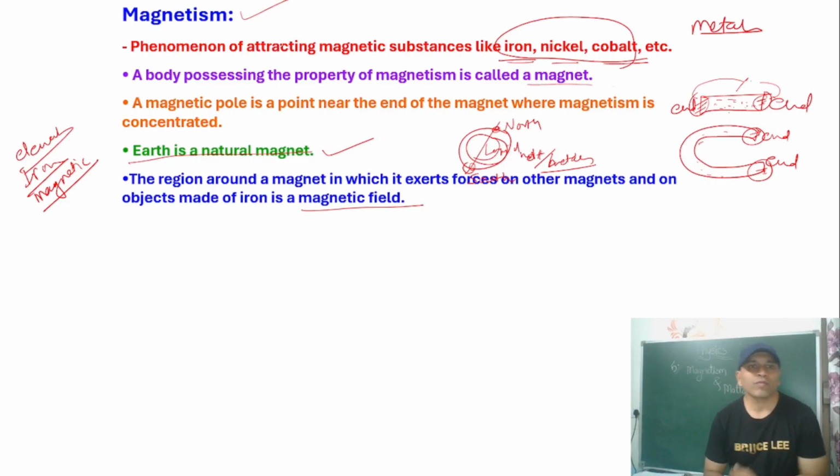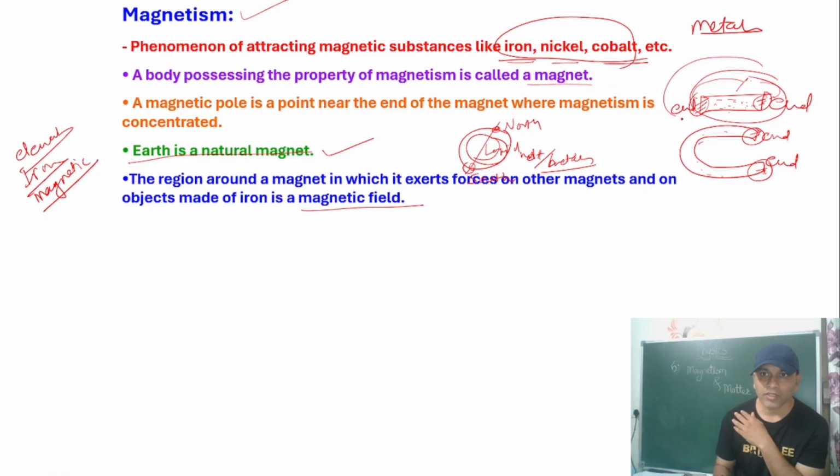So we have discussed that the earth is a natural magnet. The region around a magnet in which it exerts forces on other magnets and on objects made of iron is a magnetic field. So when there is the body of this magnet and the region around it, let me draw it again so that you can easily see.